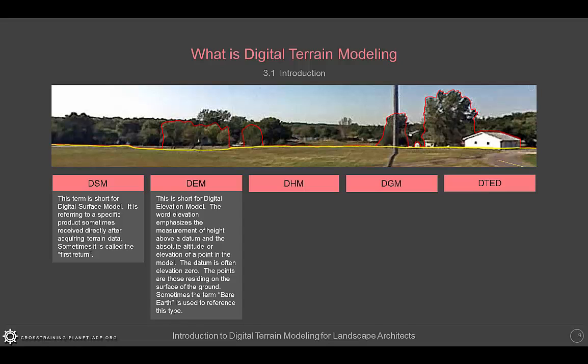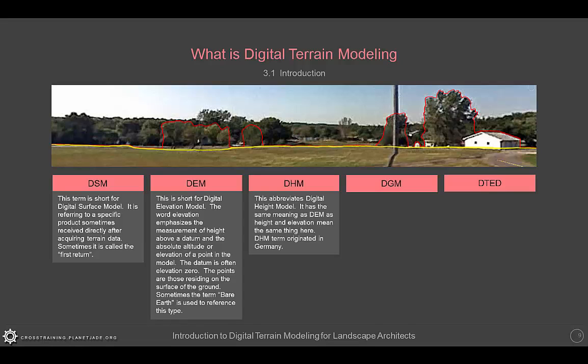The points are those residing on the surface on the ground. So when you see a DEM and you see a bunch of elevation values, those elevation values are along this yellow line here. Sometimes the term bare earth is used to reference this type. So again, you may hear the term bare earth, and what that is referring to is the points along this yellow line.